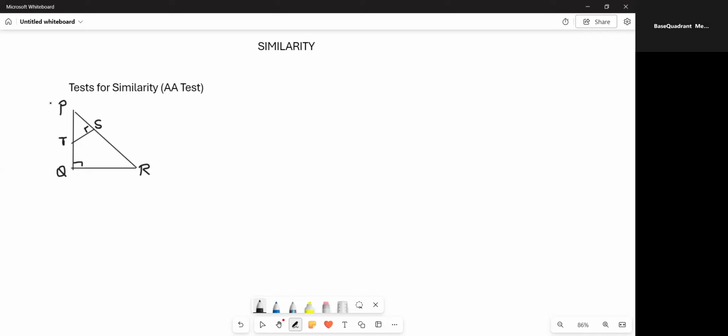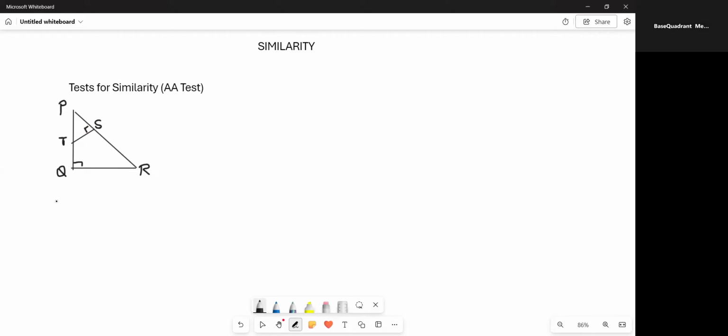So you can see here two triangles, PST and PQR, right? You can see one big triangle PQR, which is a right angle triangle, and also a small triangle PST, which is also a right angle triangle, right?